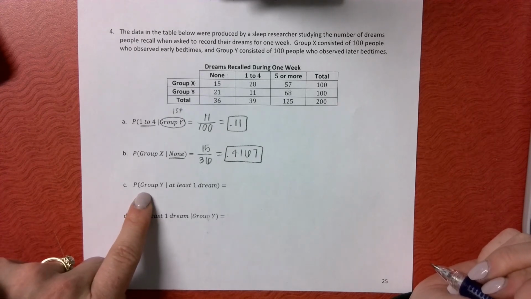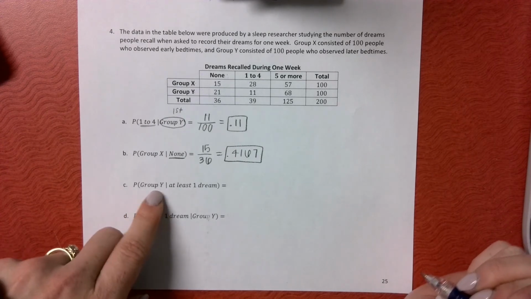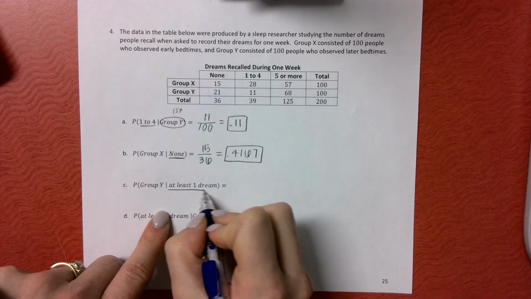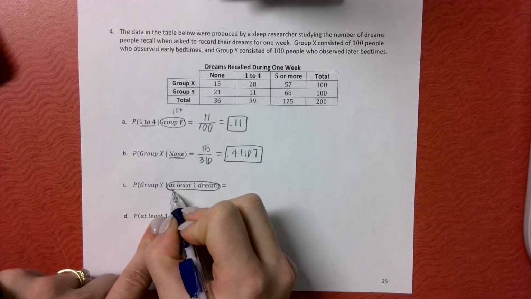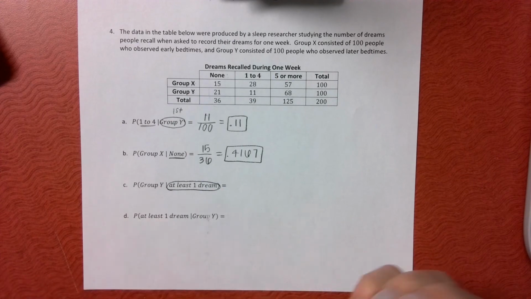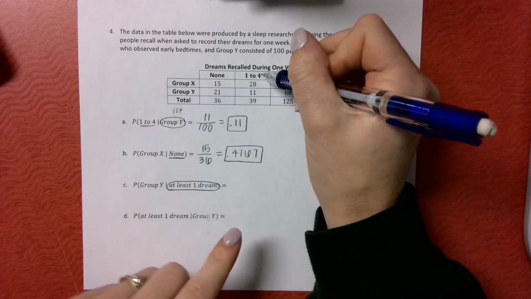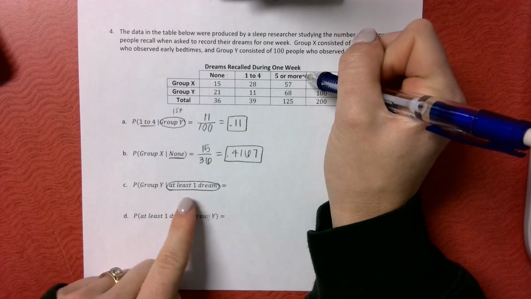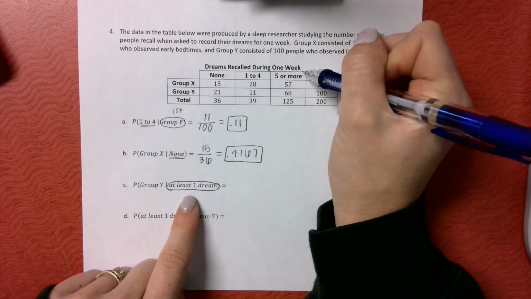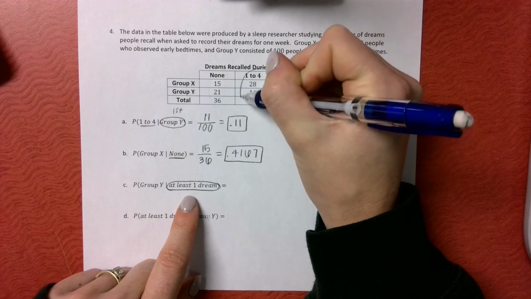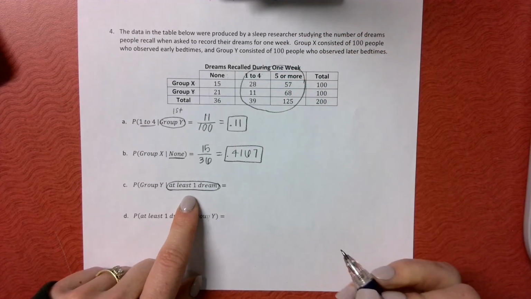Part C says find the probability that somebody's in Group Y, given they had at least 1 dream. So at least 1 dream is actually a few categories here. People in 1 to 4 had at least 1 dream, but people who had 5 or more had also at least 1. So my condition is actually looking at all of these people here.